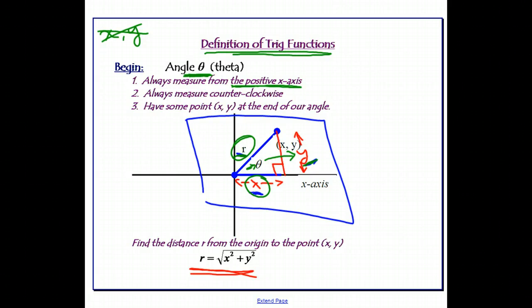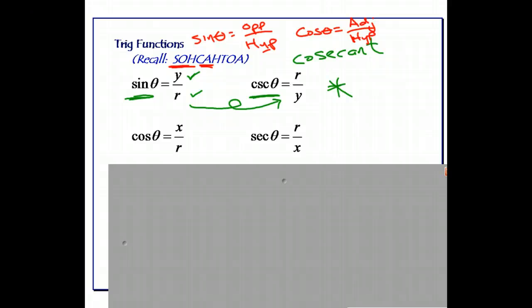Adjacent to theta, look, that's right there, x. And our hypotenuse doesn't change, that's r. So cosine is defined to be x over r. And the reciprocal of cosine is our secant, so that's the secant right there. And the secant is reciprocal, so since cosine was x over r, we take that, we flip it over, take the reciprocal, and we get r over x.